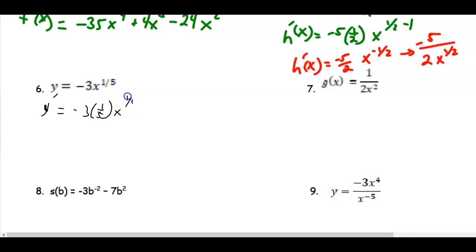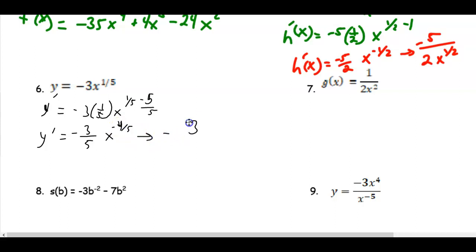X raised to the 1/5 minus 1. All right. So instead of 1, I'm just going to put 5 over 5 because that's 1. You see it? So anyway, right here, you get negative 3 over 5 x. And right here, 1 minus 5 is negative 4. Negative 4/5. Now we got to rationalize this. All right, we don't want to have the negative exponent.